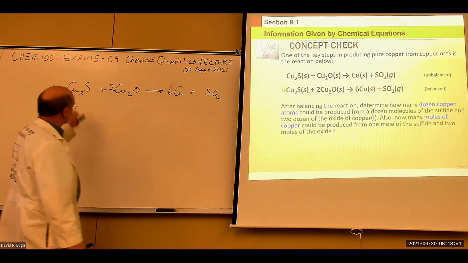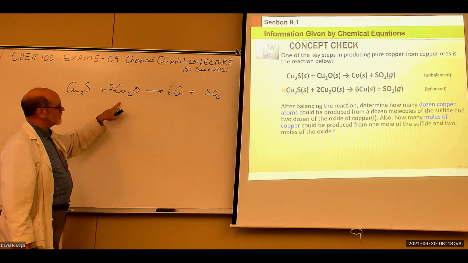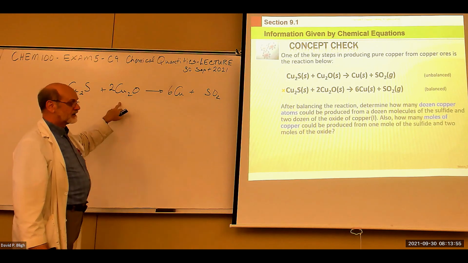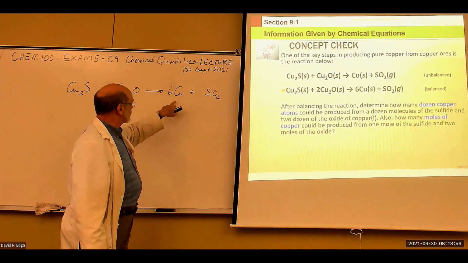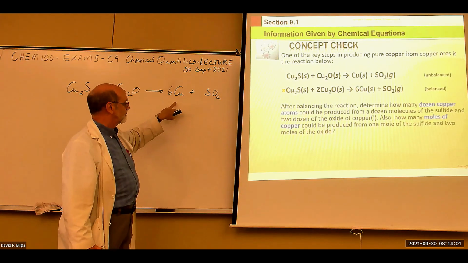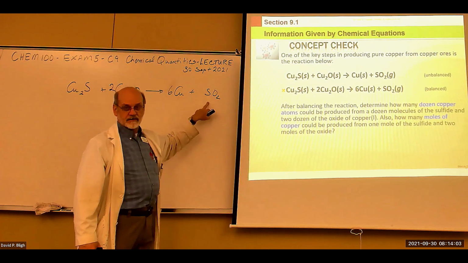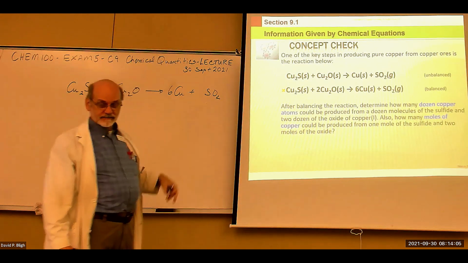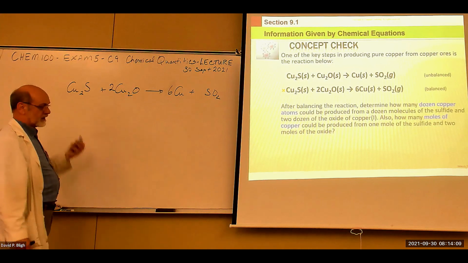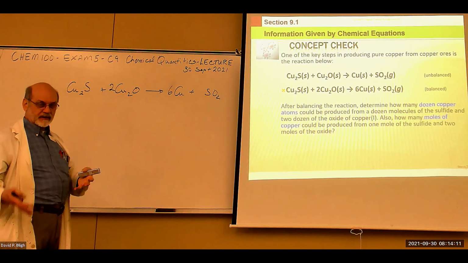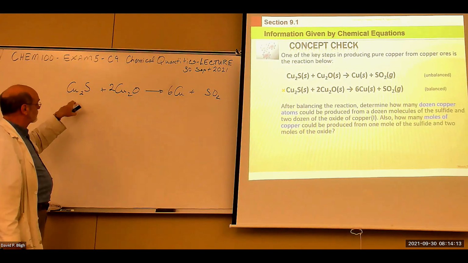Well, if we have a dozen of these, 2 dozen of these, then we could produce 6 dozen coppers and a dozen sulfur dioxide. Right? Our unit of measure here is dozen. And as long as it's a number of something, we can use it.